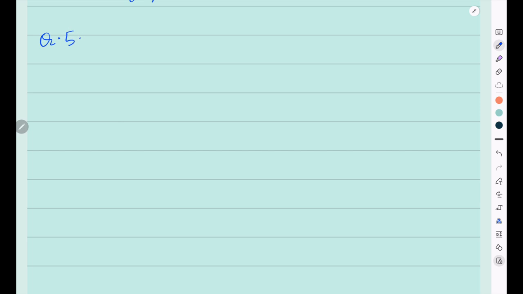Let us take question number 8. A bag contains 3 red balls and 5 black balls. For such kinds of questions, it's always better to make some symbols.